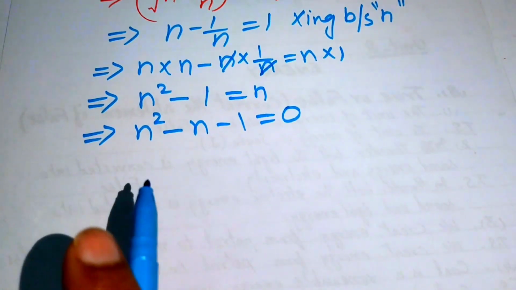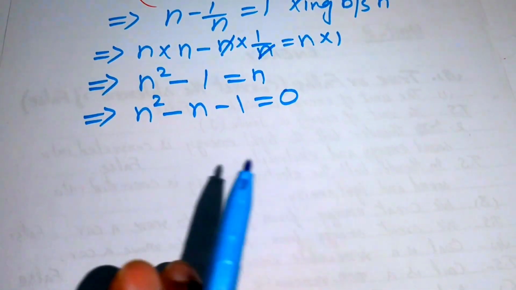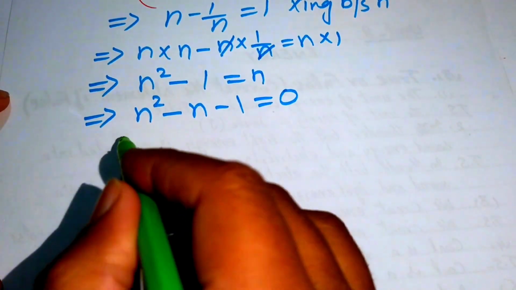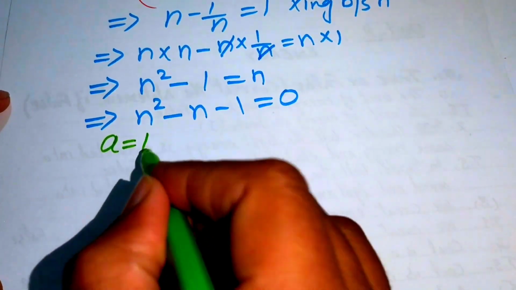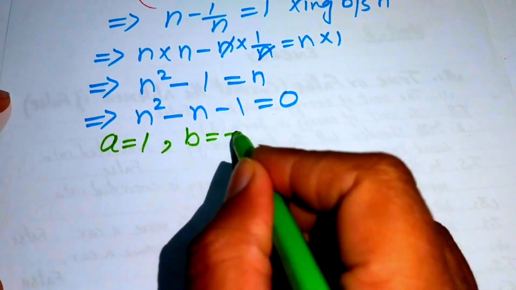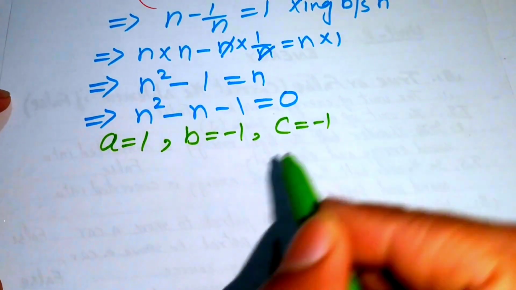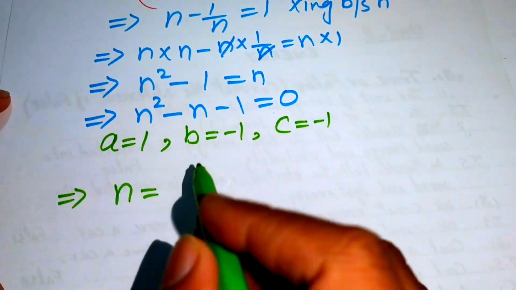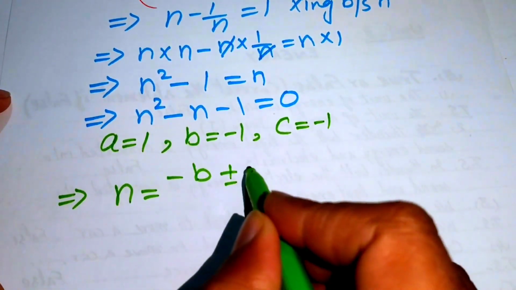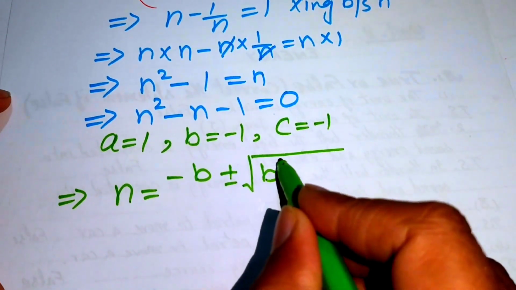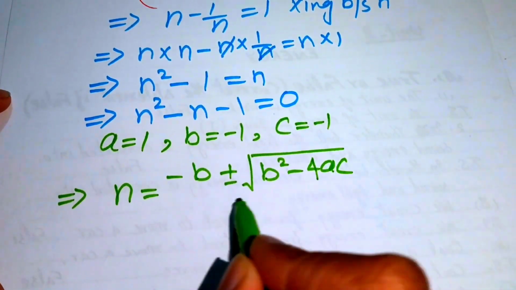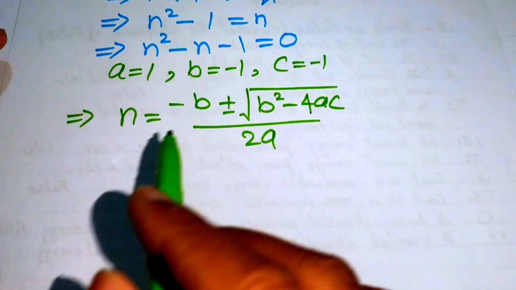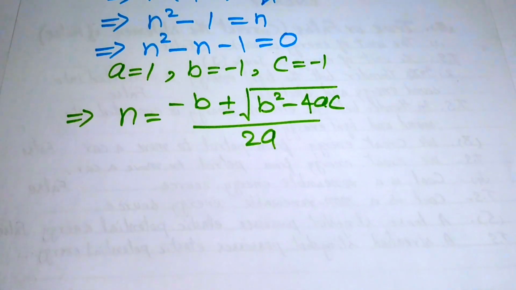Now we focus on this quadratic equation, and we get the value of n from here. We use the quadratic formula in order to solve this equation, and the coefficients are a = 1, b = -1, and c = -1. The quadratic formula is written as (-b ± square root of (b² - 4ac)) divided by 2a. Now we put the values of a, b and c here.